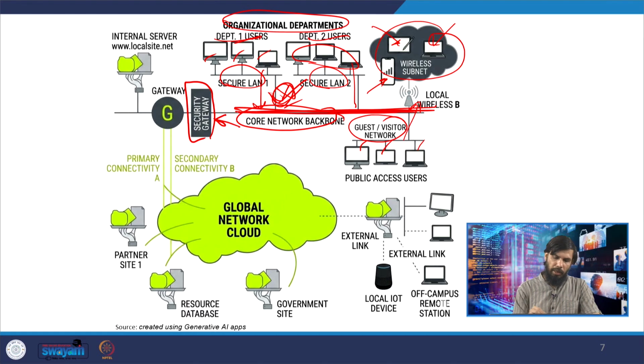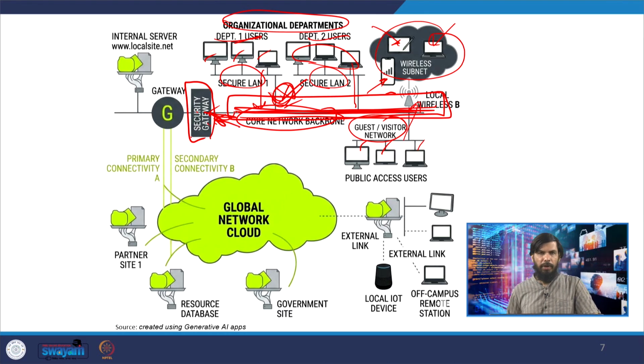So, everything connects to the core network backbone of the organization, and this connects to the security gateway, which will actually protect the organization's network. This is more of a hardware-level security gateway, and lots of unwanted traffic can be filtered out through it. So, it is important from the security point of view.